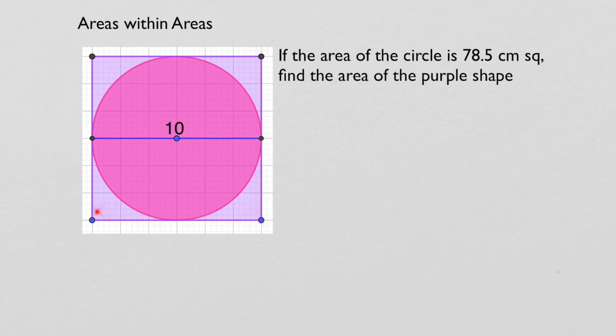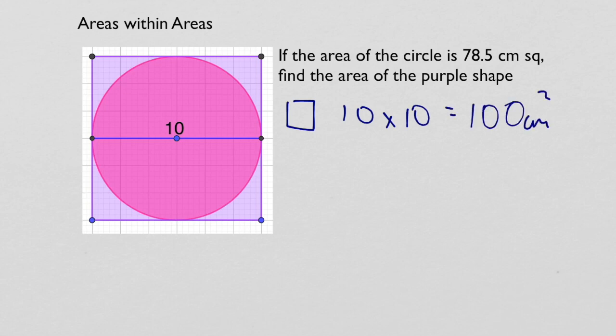One vital thing to remember is that if the circle is exactly inside the square, the diameter of the circle means the length of the square will also be 10. So that's going to help us a lot there. So the area of the square is going to be 10 times 10 equals 100 centimeters squared.